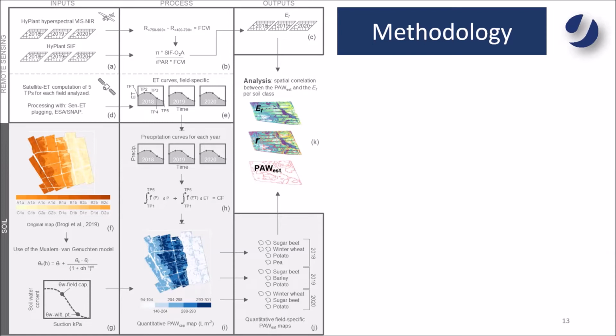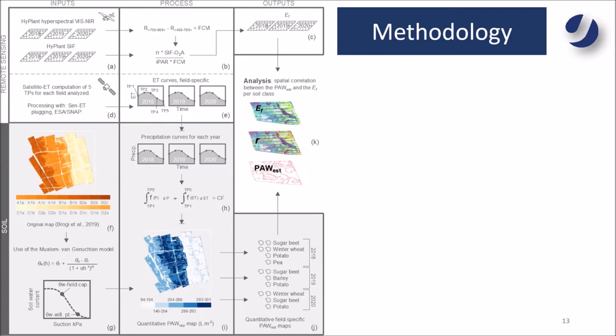So at the end, we had downscaled SIF maps for 3 years: 2018, 2019, and 2020. This was done from the side of the airborne remote sensing data. Then we also used Sentinel-2 information, specifically to compute evapotranspiration data for the 3 years.